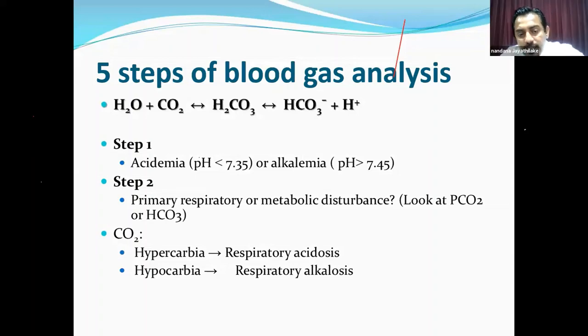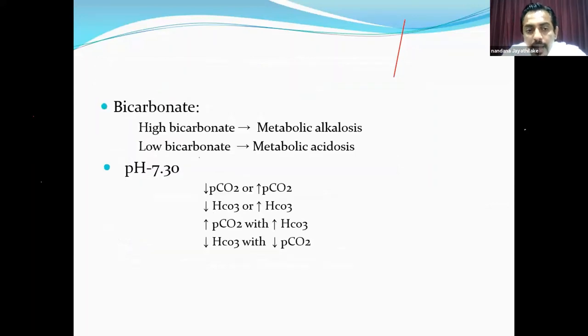If there is hypercarbia, yes, we are dealing with respiratory acidosis. If you have hypocarbia, yes, we are dealing with respiratory alkalosis. And then take the bicarbonate. High bicarbonate, obviously metabolic alkalosis. Low bicarbonate, metabolic acidosis.